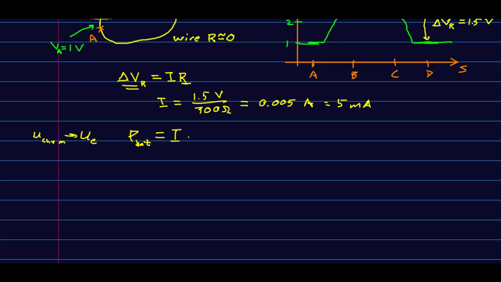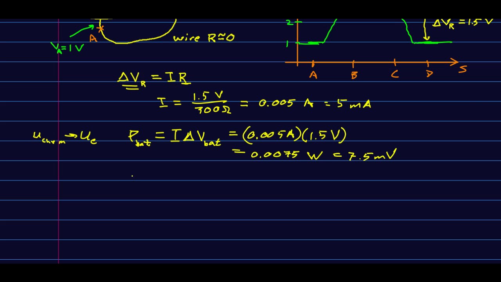And it will simply be the current through the battery, which is I delta V bat. And so that is just our 0.005 amps times our 1.5 volts. And so that is just 0.0075. And we know an amp times a volt is a watt. We've already checked that. Or we could write that as 7.5 milliwatts.